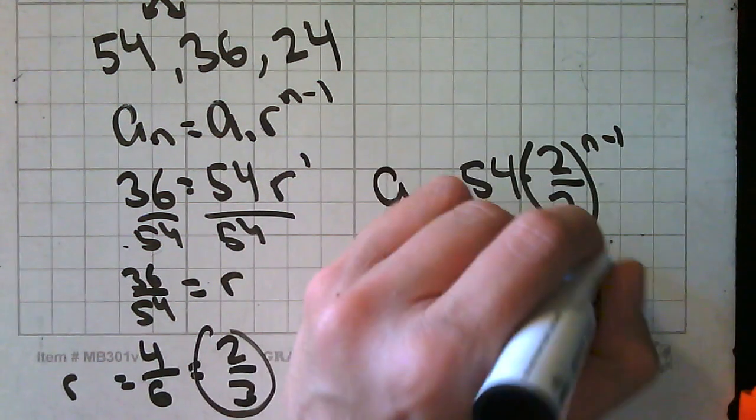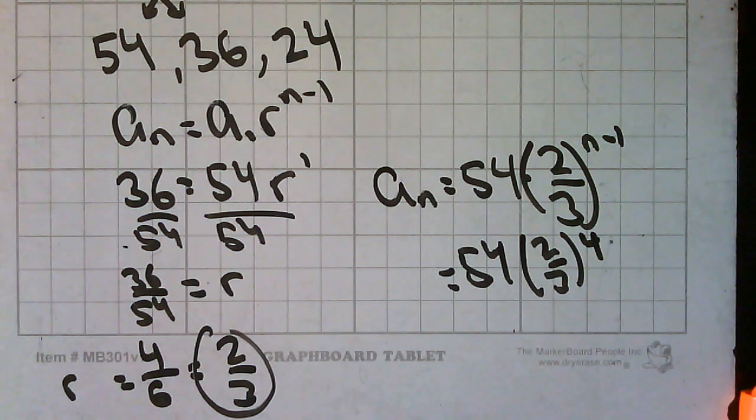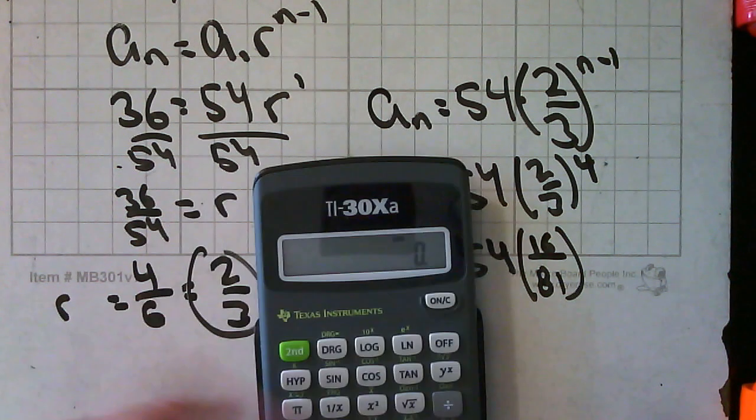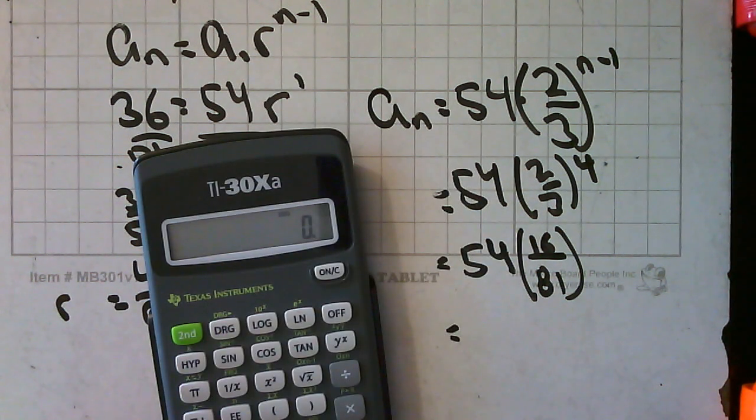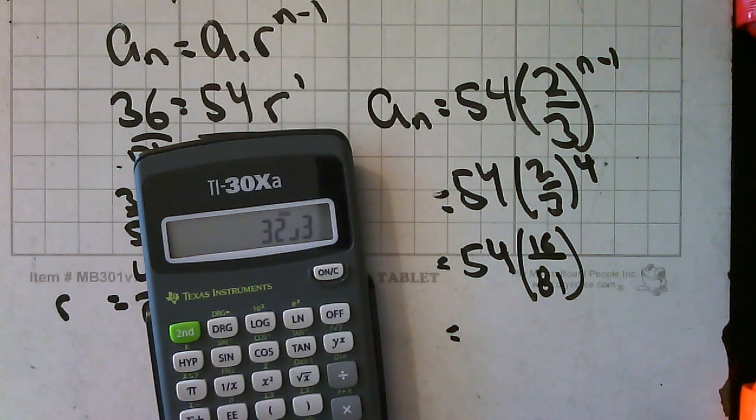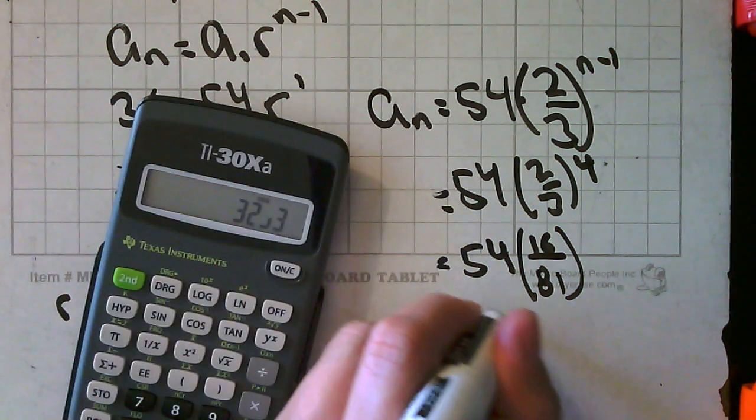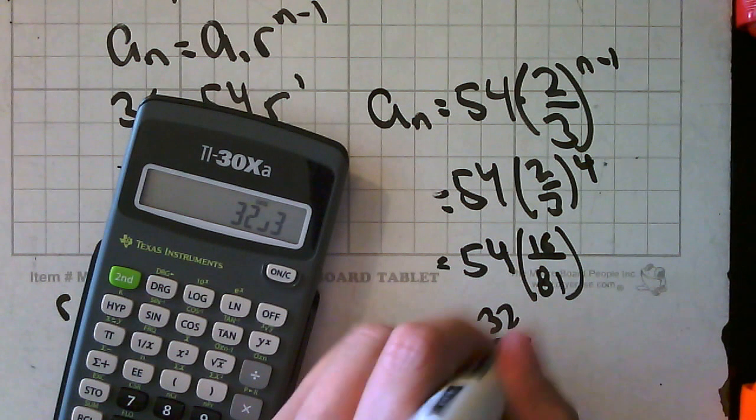I want the 5th term, so that means there's 4 spaces here. And I'm going to use my calculator. I'm running out of time, so we got 54 times 16 over 81 equals, and this one's going to end up as a fraction, 32 over 3.